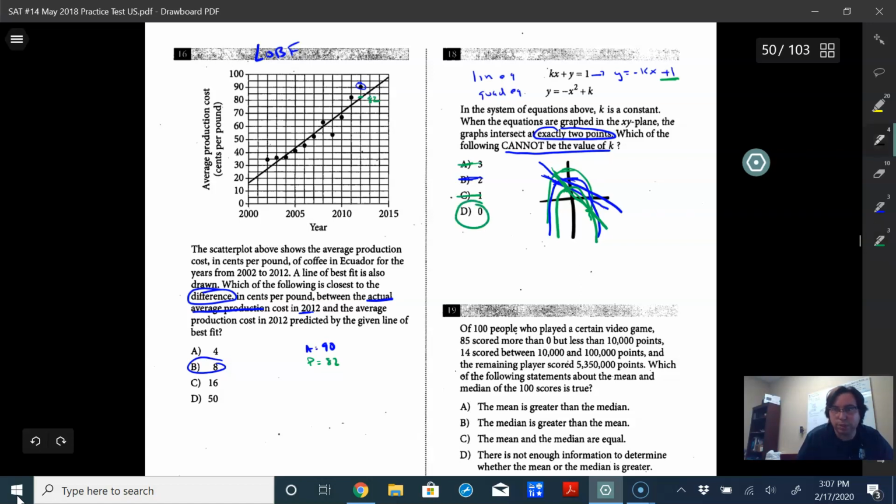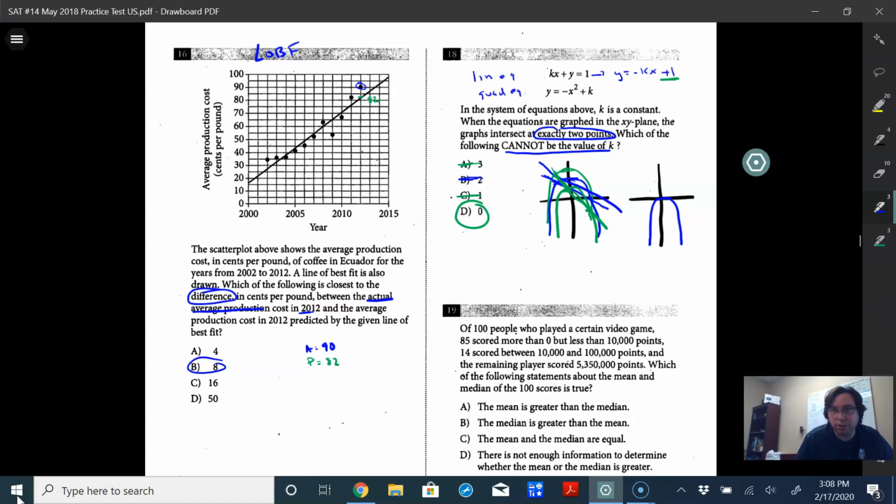Let me make a little bit cleaner one here. If we have D as an option, we know the parabola is going to come through here. And if k equals 0, then basically there's no slope.